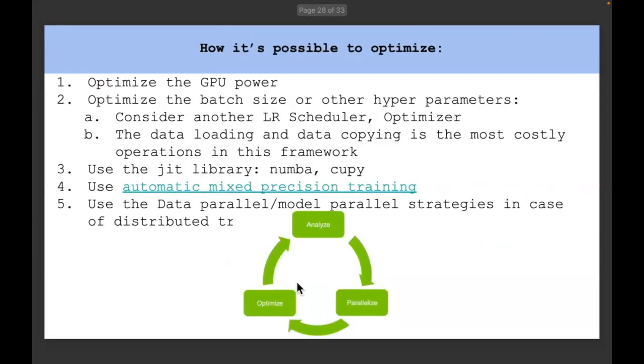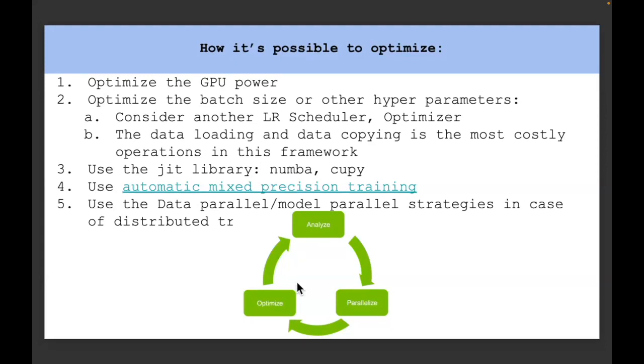Okay, so while it's possible to read and estimate all this information about the time, the energy, power, and the CO2 that was emitted, the natural question is how to optimize all of it. First of all, it's possible to optimize the power, to change the power of the hardware, so the CPU and GPU.